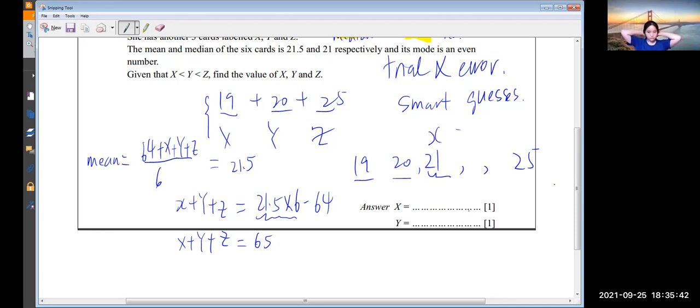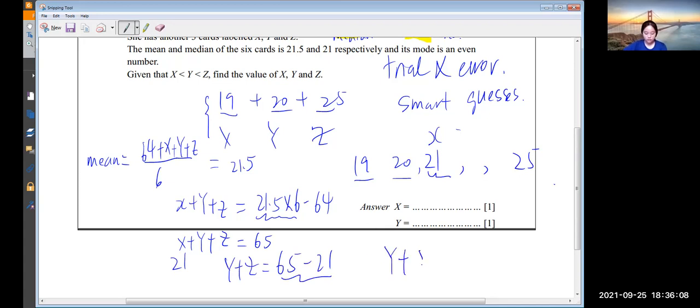So now I have 21 here already for X. It says the mode is an even number. Y plus Z is 65 minus 21, what's the answer? 44.